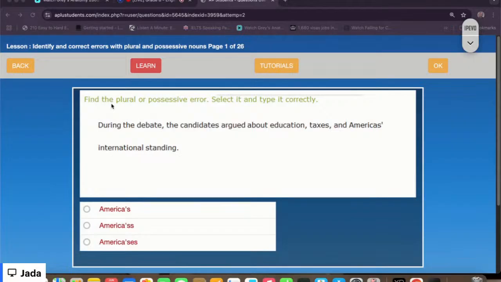So we have: find the plural or possessive error, select it and type it correctly. So during the debate, the candidates argued about education, taxes, and Americans' international standing.